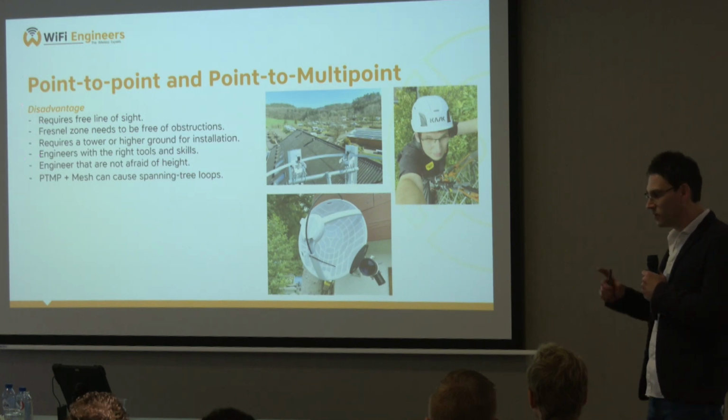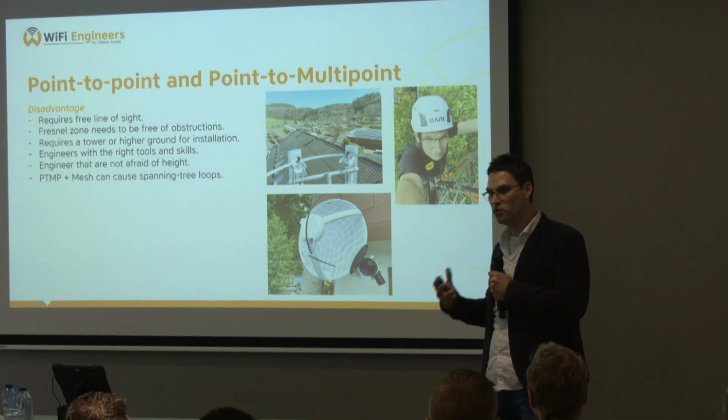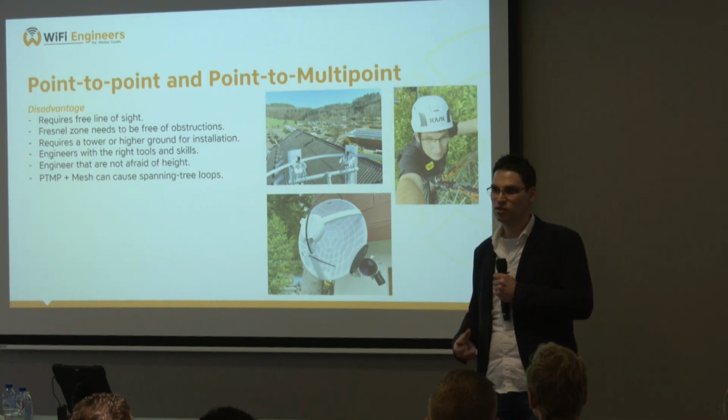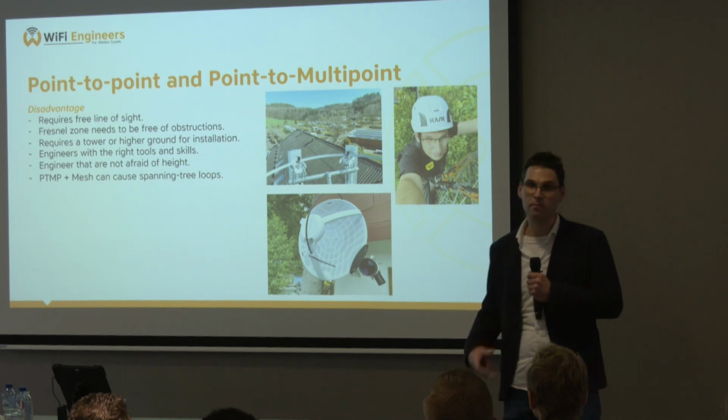And one of the things I've run into in the past is that with the combination of using point-to-multipoint solutions together with a mesh, or a network that has mesh enabled, you might run into a spanning tree issue.